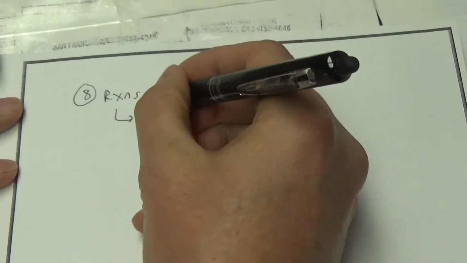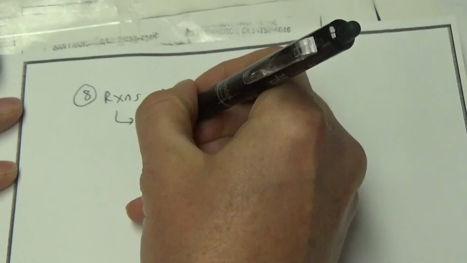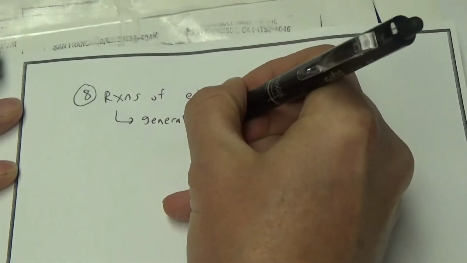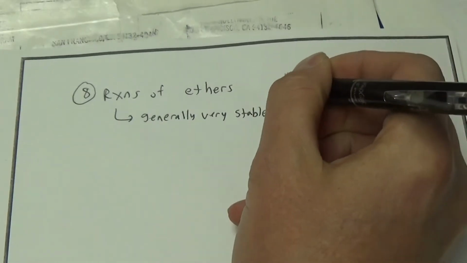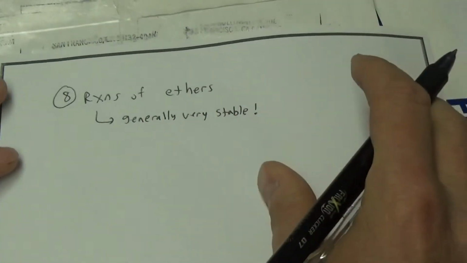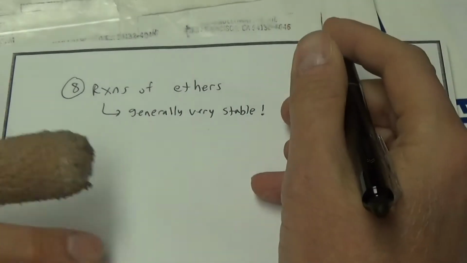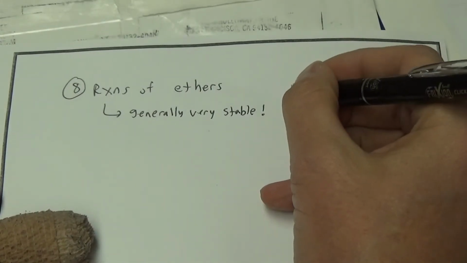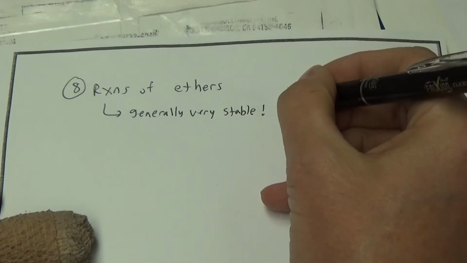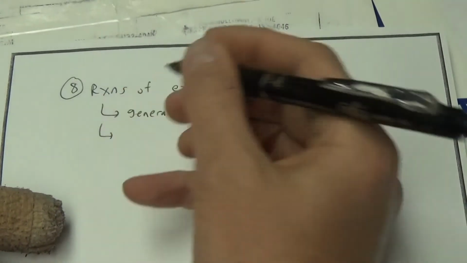So generally speaking, ethers are very stable. But the one thing that will react with ethers is acid. So ethers can degrade or react with acid.